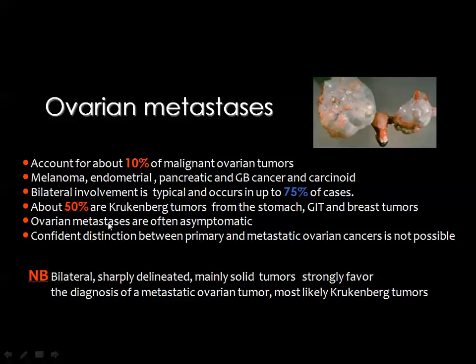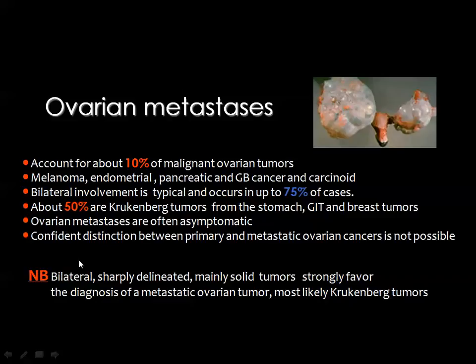About 50% are Krukenberg tumors from the stomach or gastrointestinal origin or from breast cancers. Most ovarian metastases are asymptomatic, but the presence of ascites and big masses may produce some compressive symptoms.